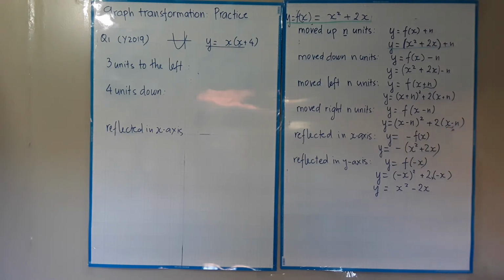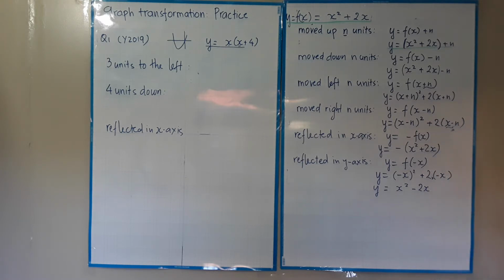When it's reflected in the x-axis, you put a negative sign in front of the right side of the equation. Remember, put a negative sign in front of the whole right side of the equation. You would have y equals negative of x squared plus 2x.